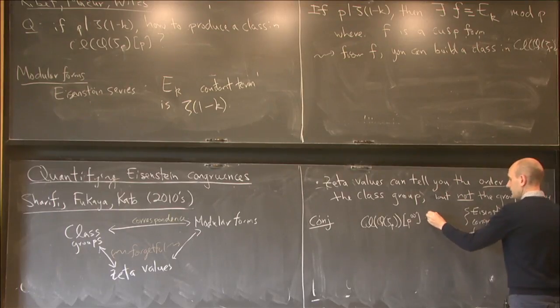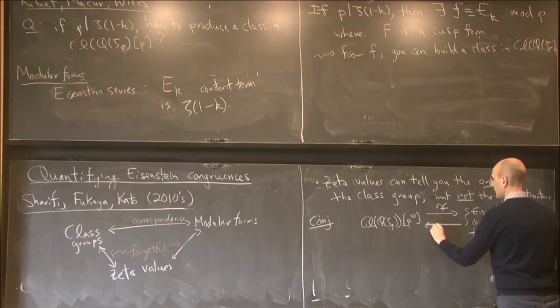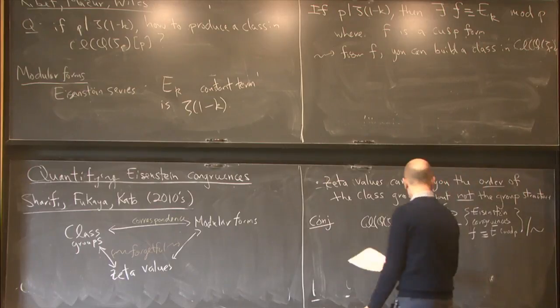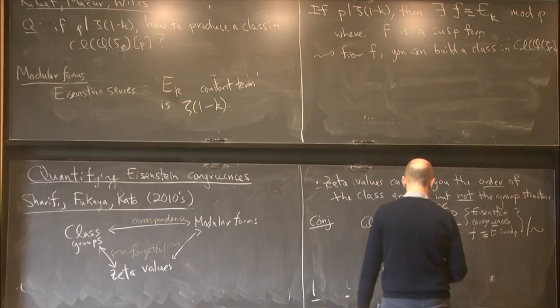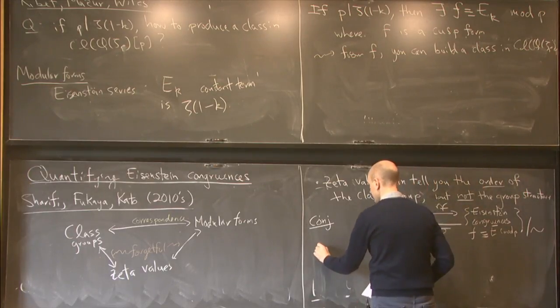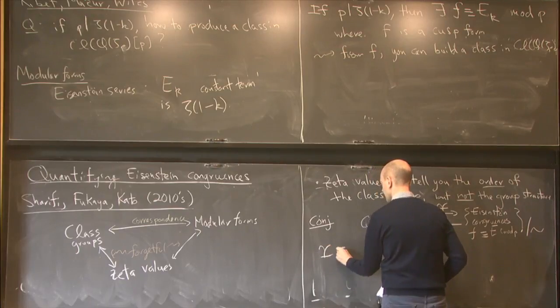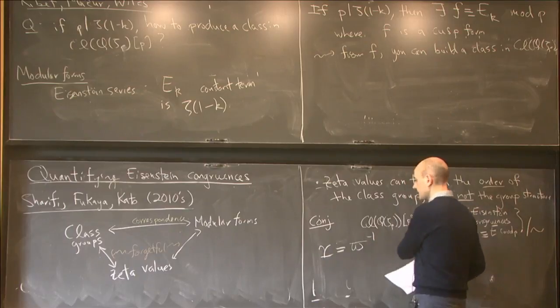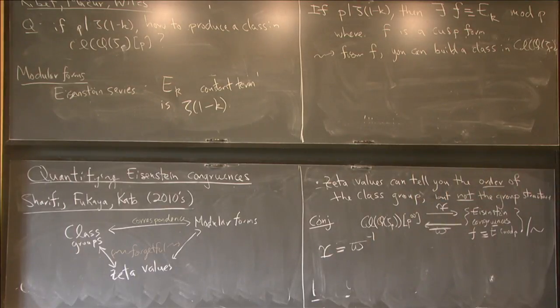And Sharifi produces maps in both directions between these two spaces as abelian groups. So they're not just bijections, these are group homomorphisms. And the conjecture is that these two maps are inverse to each other. So in particular, both of these maps are isomorphisms, and their composition is the identity.